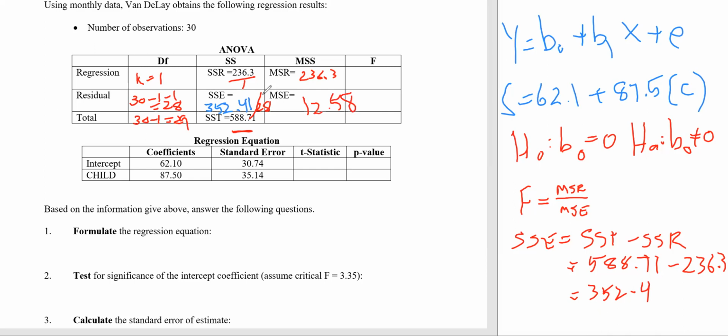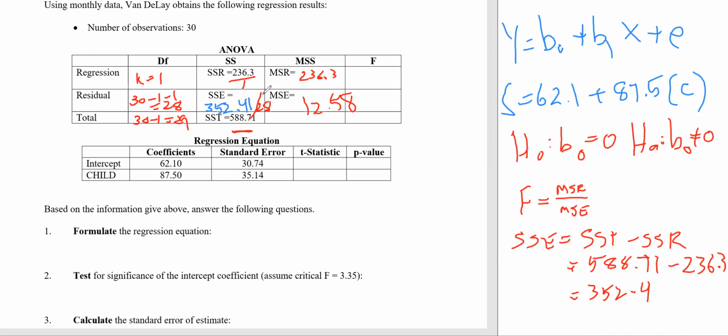Let's just make sure that we've got that. 588.71 minus 236.3 gives us 352.41. If we divide this by the 28 degrees of freedom, we end up with 12.58.